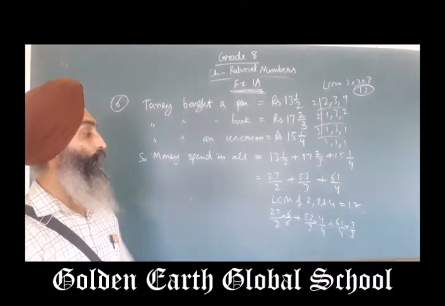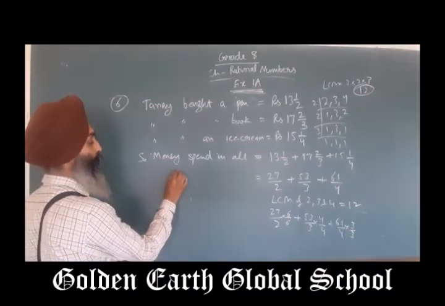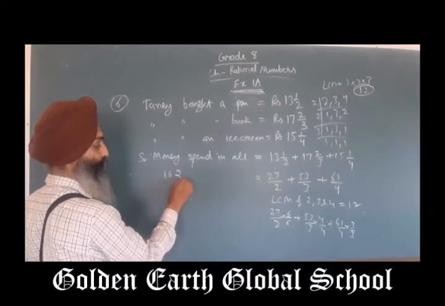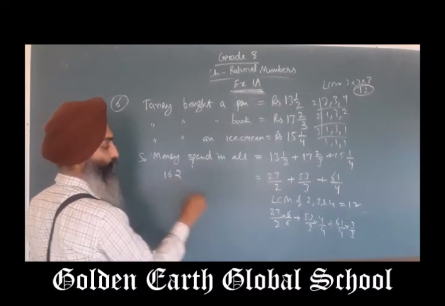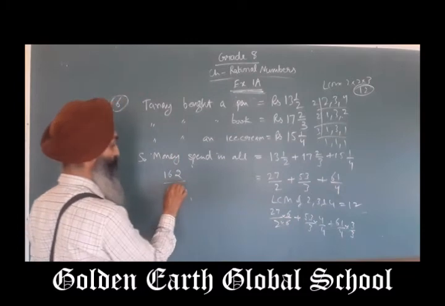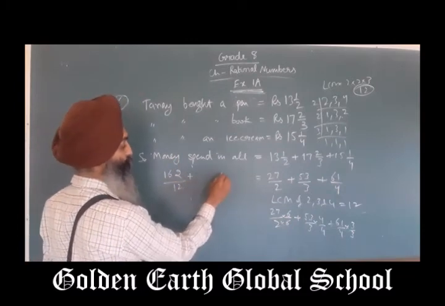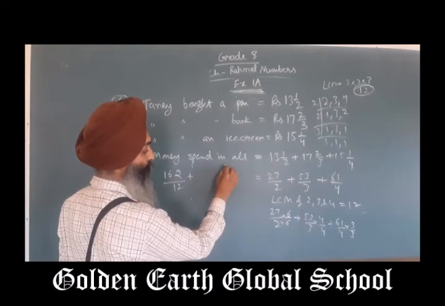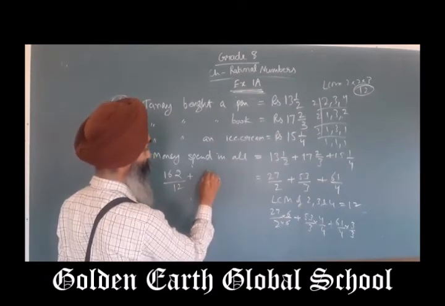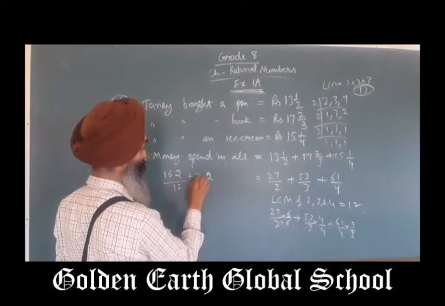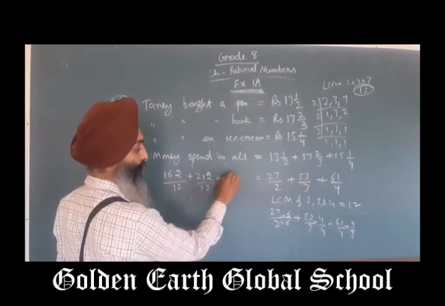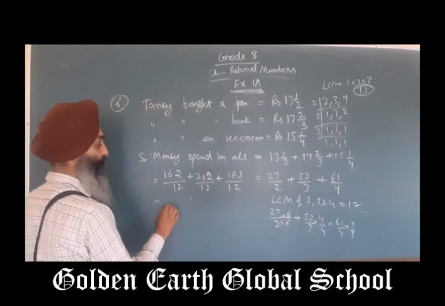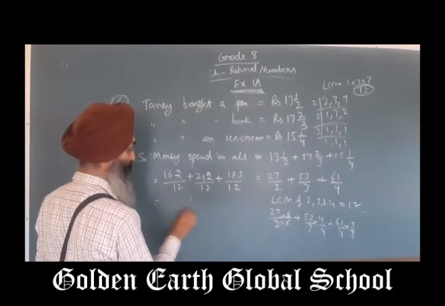Now you have to find the answer, so just multiply. 162 upon 12, plus 53 into 4, you got 212 upon 12, plus 183 upon 12. Just add the 3 terms together.